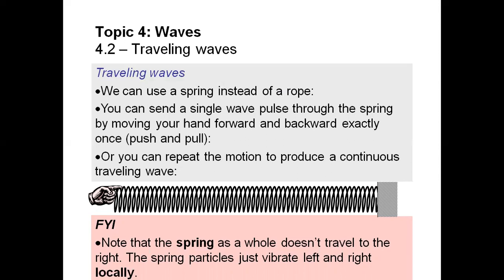All particles do oscillations, moving between two fixed points. See, like this. When the particles move in this way, it looks like the spring or rope is moving to the right, but it doesn't. Just the particles are vibrating to the left and right. Okay, let's continue.